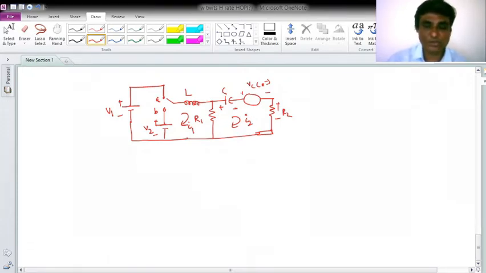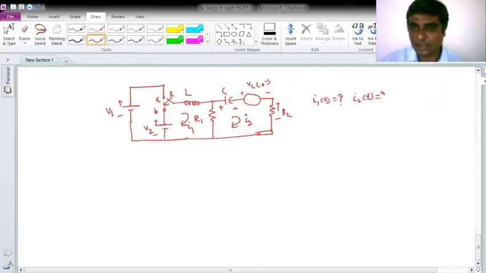Okay. So here the question is, when the switch was at position A, assume that the inductor and capacitor have been charged and reached steady state. Now after that the switch moves from position A to position B, and let us find I1 of t and I2 of t.